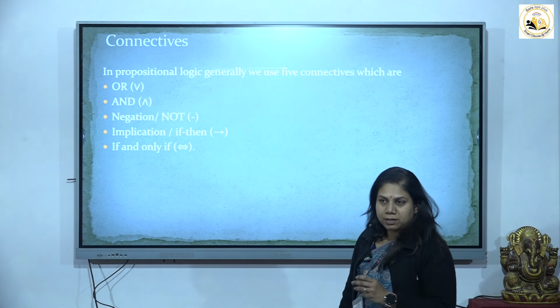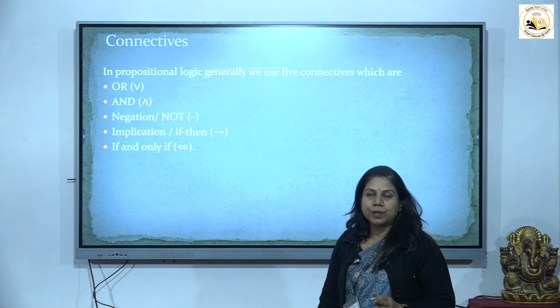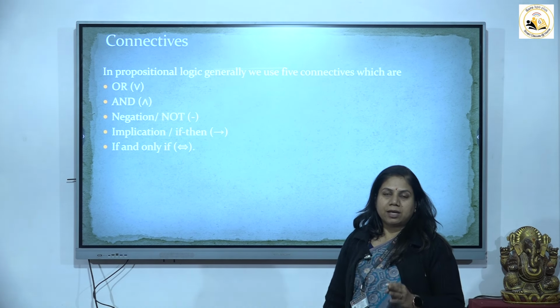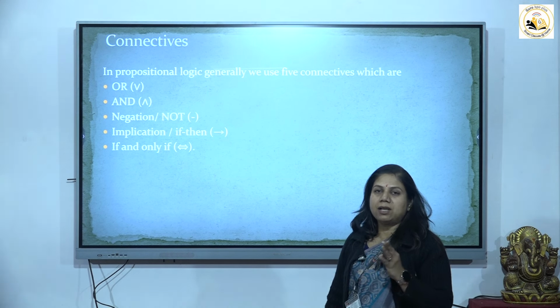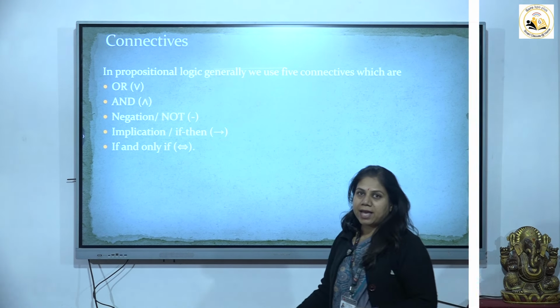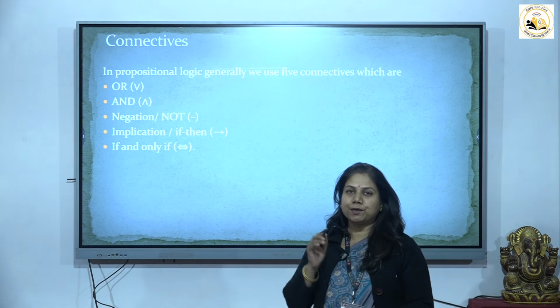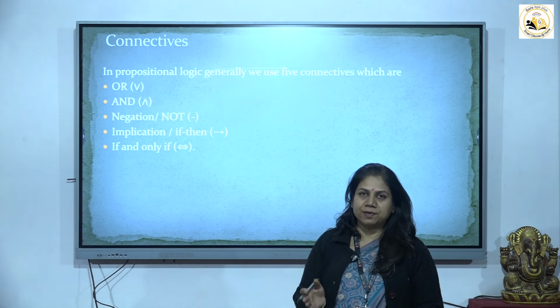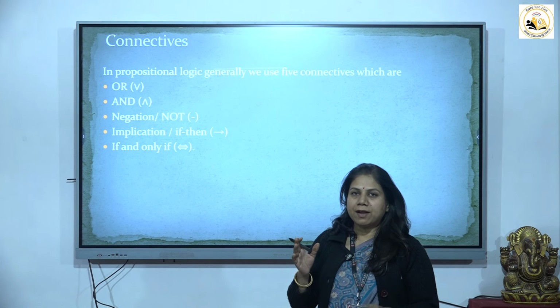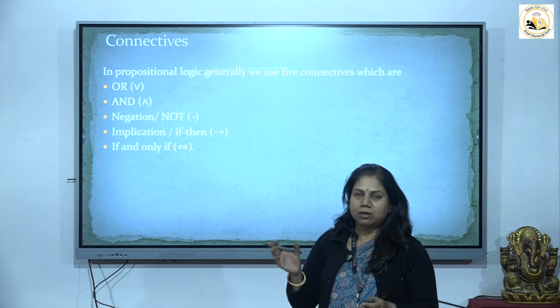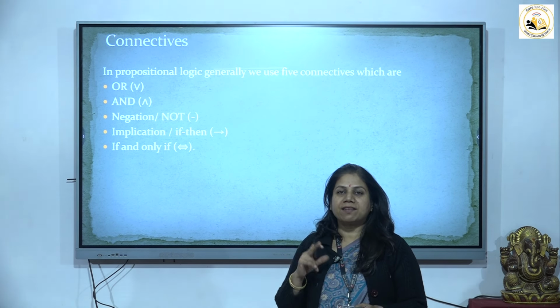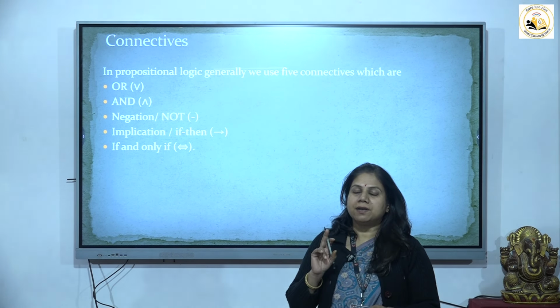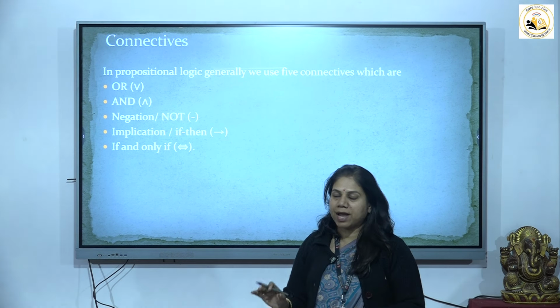Now, other than these four unary operations in logical or Boolean algebra, as I told you, connectives are used to connect two or more statements and form an expression of these and conclude the result as a single result, true or false, right.